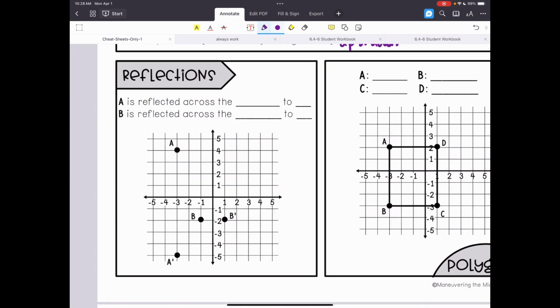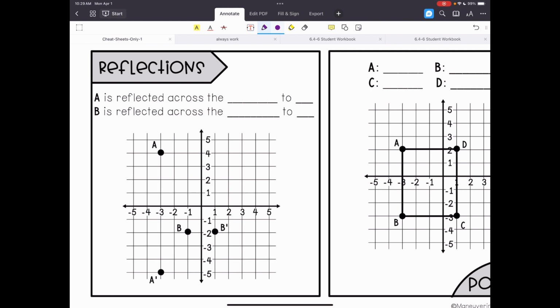All right, for reflections. Reflections are when we do a mirror image across a certain axis. The way we do that is we first identify our axes. We've got our x and our y, and then we identify where our original point is. Our original point is always the letter that's just by itself.